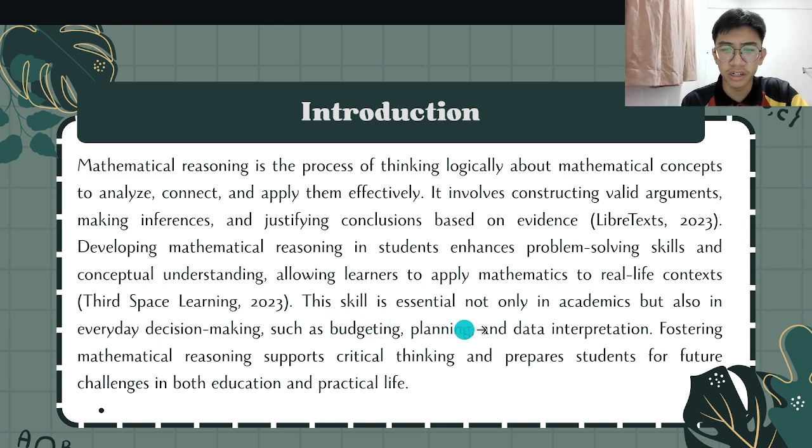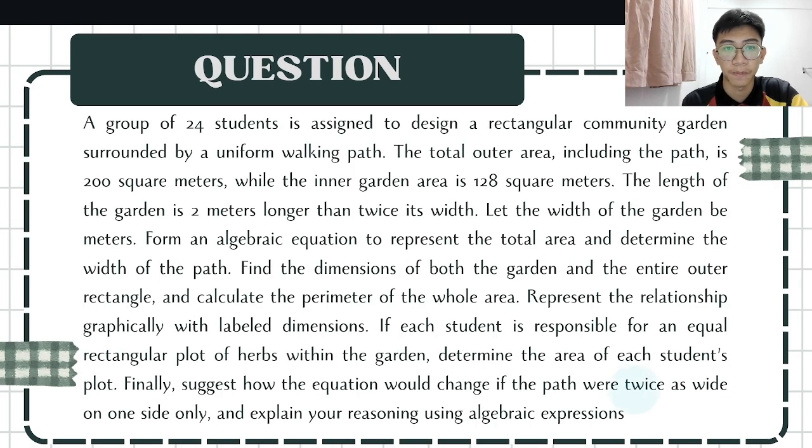This skill is essential not only in academics but also in everyday decision making, such as budgeting, planning, and data interpretation. Fostering mathematical reasoning supports critical thinking and prepares students for future challenges in both education and practical life.